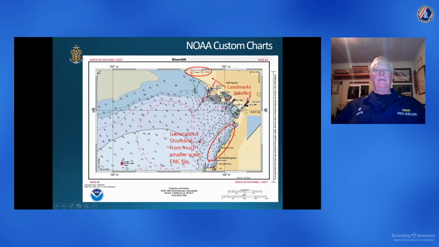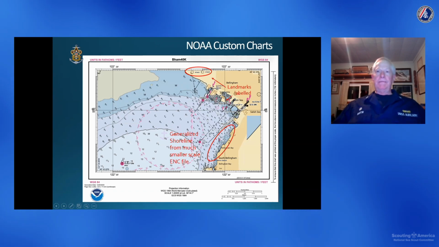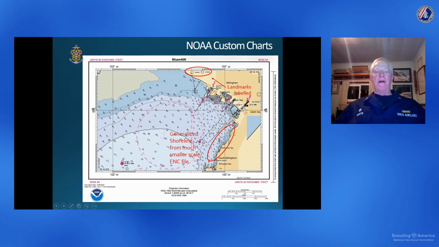Again, we've got landmarks. You don't get the channel or the dredged area information. And the shoreline is the same as an ENC. So some of it's generalized. It's accurate, but it's not as crisp as a paper nautical chart.